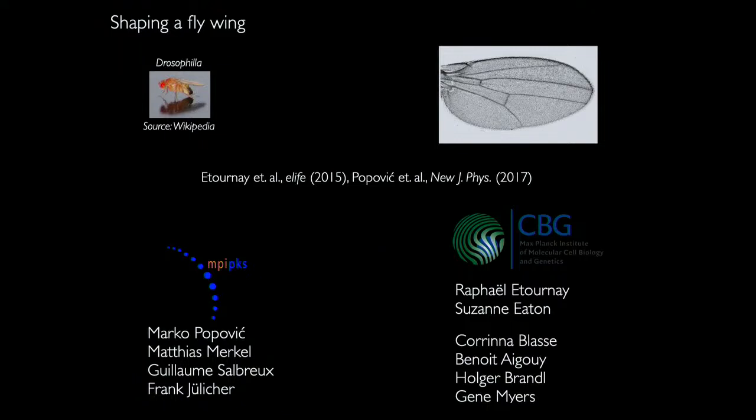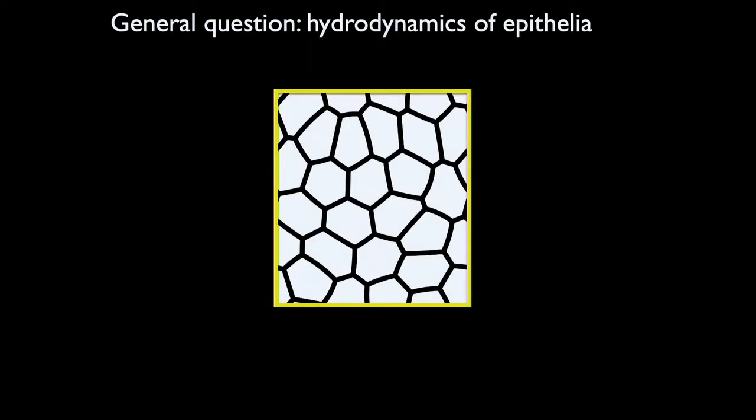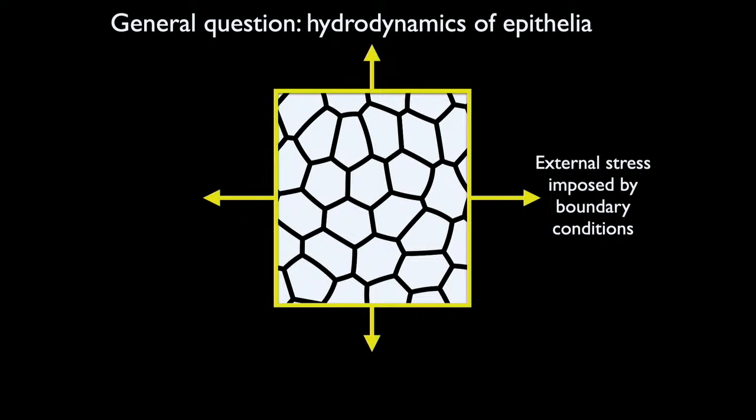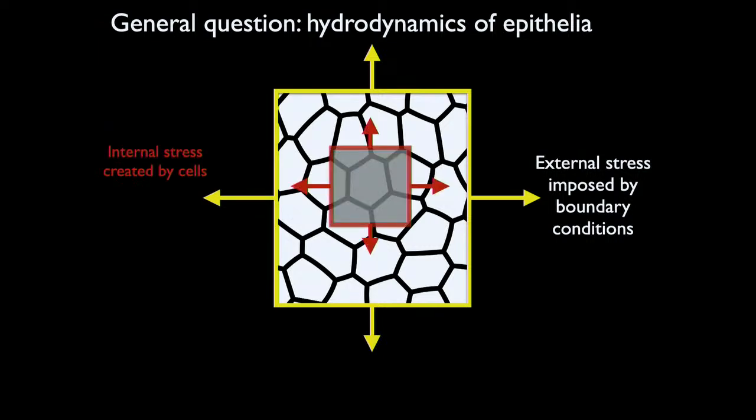So let me start by asking a very general question. Suppose you have a piece of soft material, in this case a tissue. Now suppose this material is under tension because of forces at the boundary. You have put some boundary conditions. Now because it is a tissue in a living organism which is developing, you know that there will also be stresses generated at the level of individual cells.